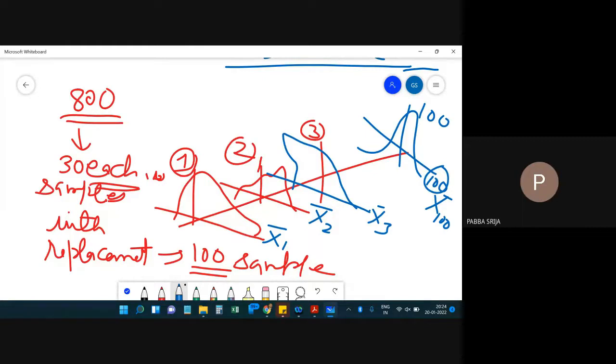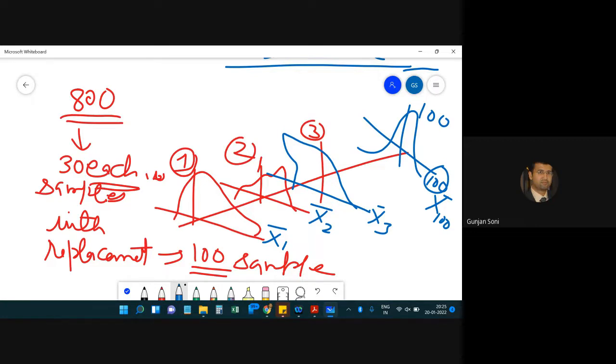Sir, I got confused in the last third step. So ask me back where you got confused. After x2 bar, sir. What is x2 bar? Sir, you said we are taking 30 in each sample, so we got 3000 units in total. Sir, not worry about 3000, leave that.